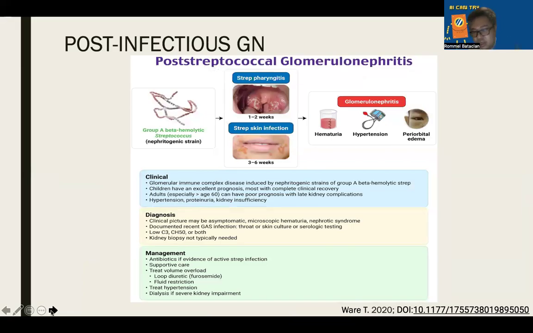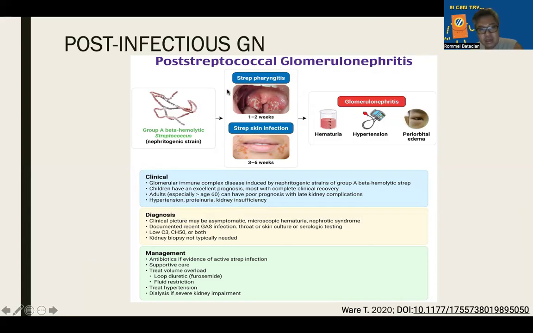Again, post-infectious, that's why it's very important, yung post-infectious glomerulonephritis. So, post-streptococcal is a very common type of GN also found in our country. More common in kids than adults, but there are a significant number of adult individuals that would also have this one.